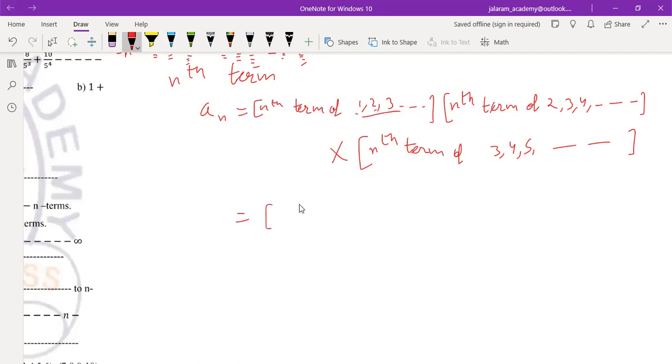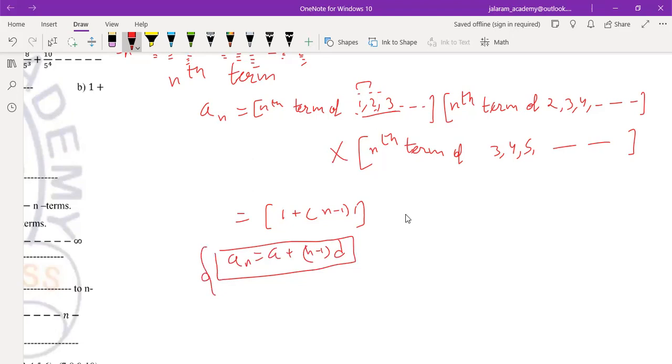So it is n. Or you can use the fact that it's an AP, with first term a equals 1 and common difference 2 minus 1 equals 1. We know that the nth term of an AP is a plus (n minus 1) into d, so we can use this formula.